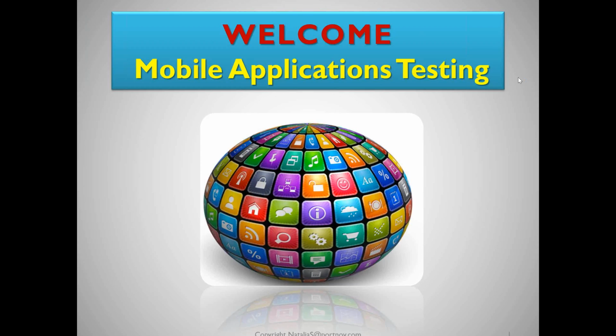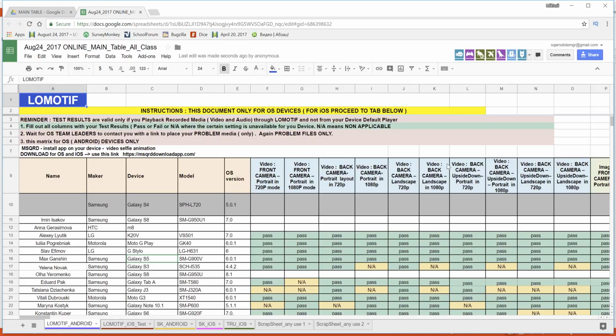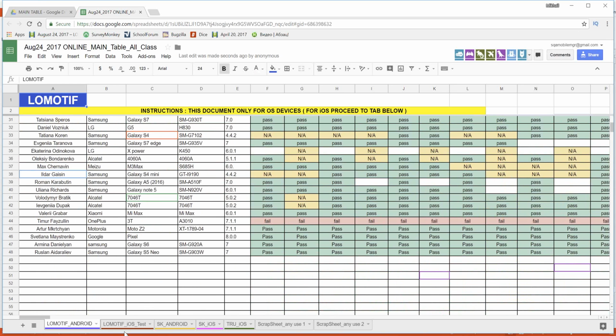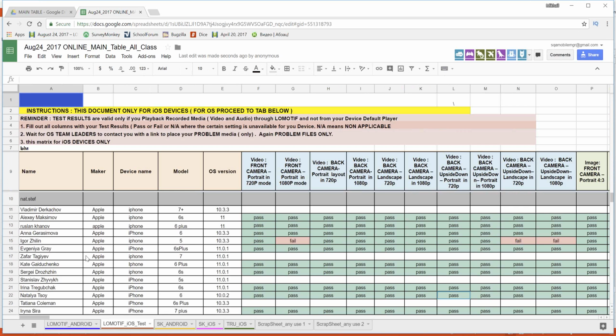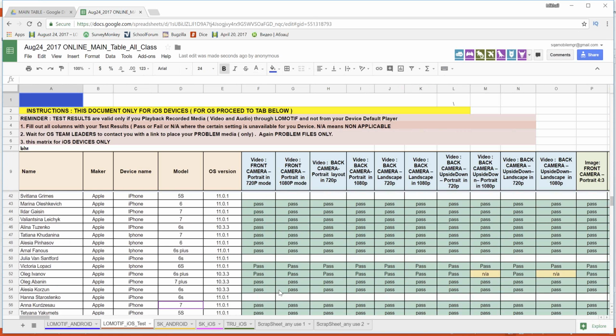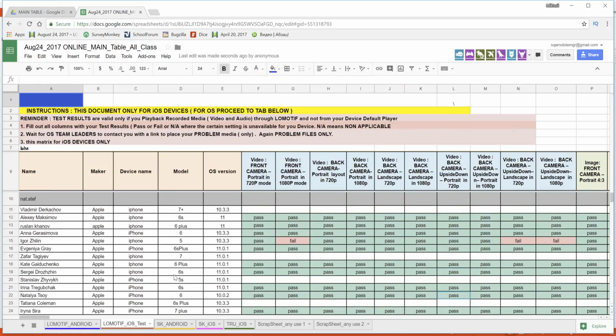So, so far, let me just for a second go to your table and see. We have about so far 48 and 58. Oh my God, it's 106 students doing Lamotive. Guys, it is an unbelievable number of real devices.